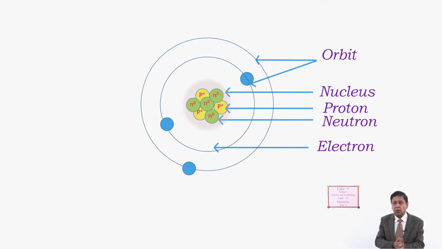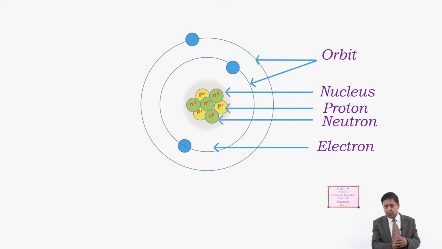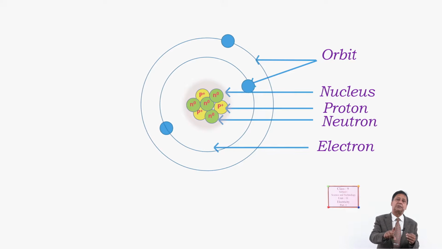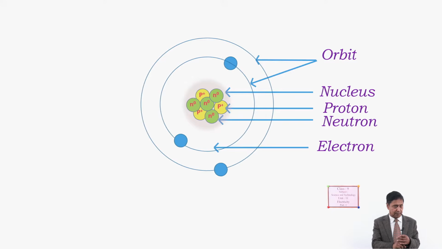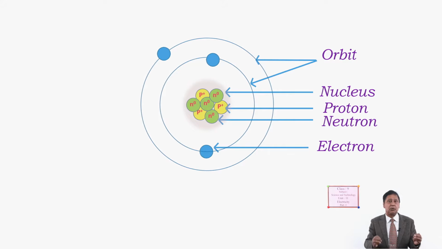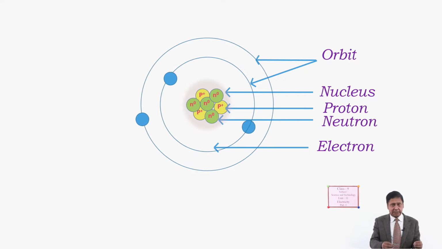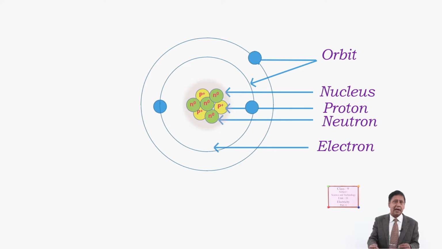Now, I want to say two important points. Number 1, the negative charge contained in 1 electron is equal to the positive charge contained in 1 proton. And normally the number of electrons and protons are equal in an atom, whether it is a metal or non-metal, or iron, or copper or cobalt, everything.